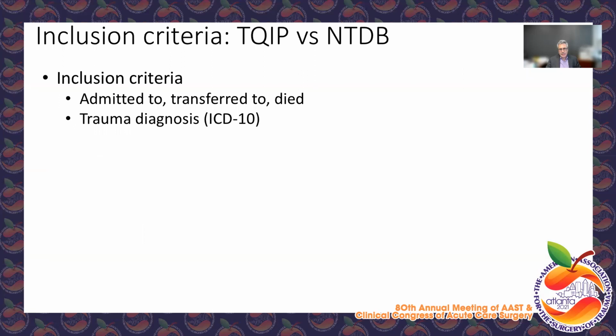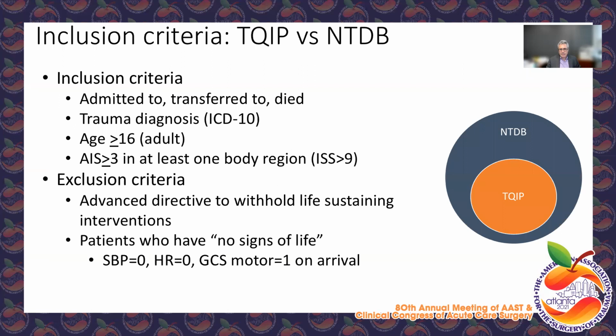Okay, so who's in TQIP and who's in the NTDB? TQIP is actually a subset of patients who are entered into the National Trauma Data Bank. The NTDB is basically anybody who is admitted to a trauma center, transferred to a trauma center, or dies at a trauma center, and who has a trauma diagnosis. TQIP has more specific, more restrictive inclusion criteria. Adult TQIP is 16 or greater in terms of age, and you have to have at least an ISS of 9 or greater.